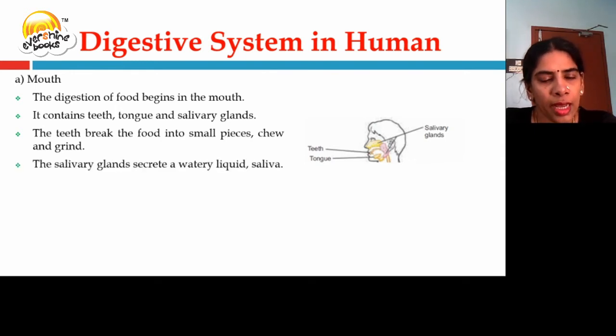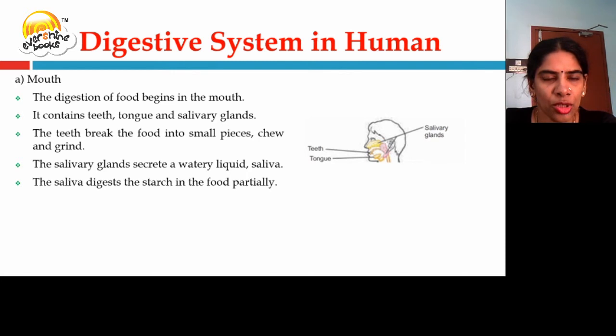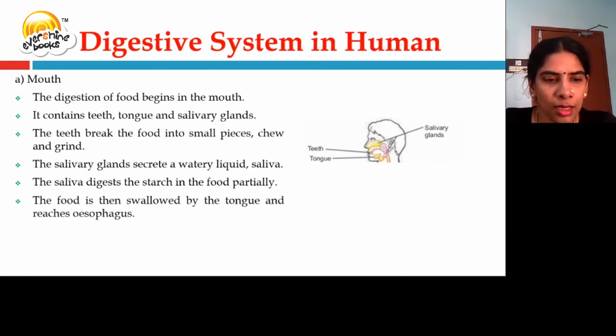Now the salivary glands will secrete a watery liquid called saliva, which gets mixed with the food. The saliva partially digests the starch present in the food. The food is then swallowed with the help of the tongue and goes to the esophagus.